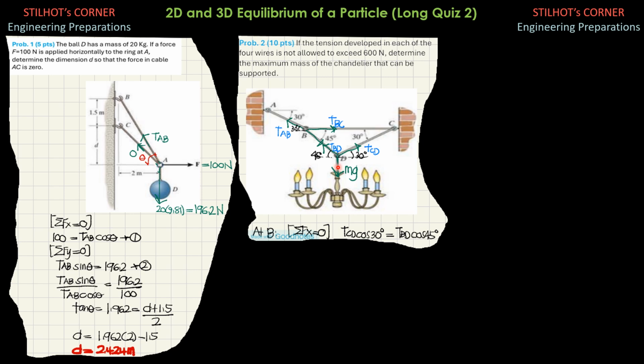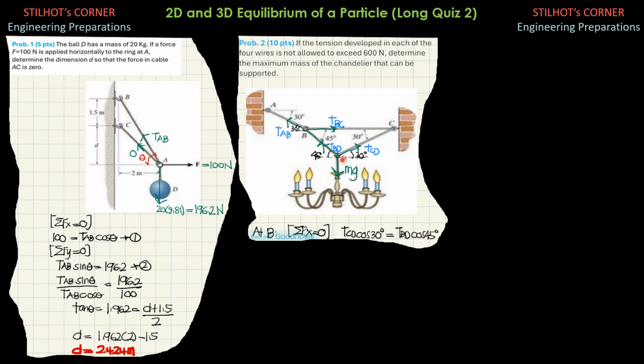The tension with the greatest value in terms of M is the critical cable, and its value should be equal to 600 newtons. It should not exceed 600 newtons. So let's investigate which cable, part of the cable system here, is in critical situation.